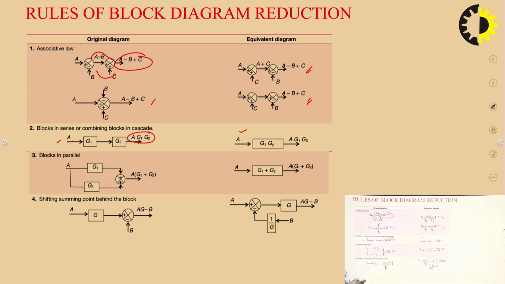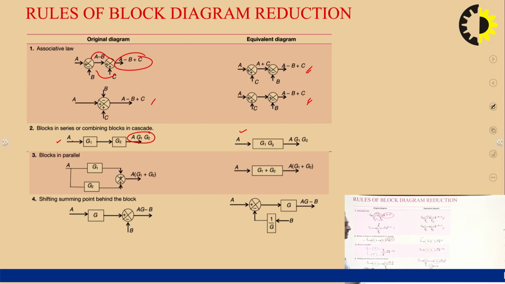Then third one is blocks in parallel. So you can see here one forward path is this. Forward path is the path wherein signal is flowing from input towards output. So you can see in both the cases signal is flowing from input to output side. At the summing point both are plus sign. So the output is nothing but A times G1 plus A times G2, that is A times G1 plus G2.